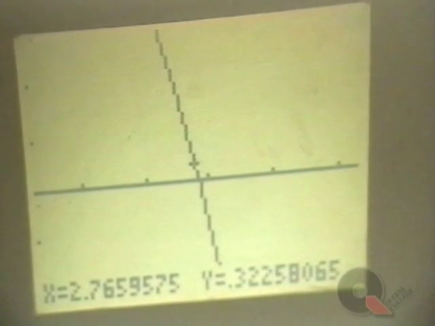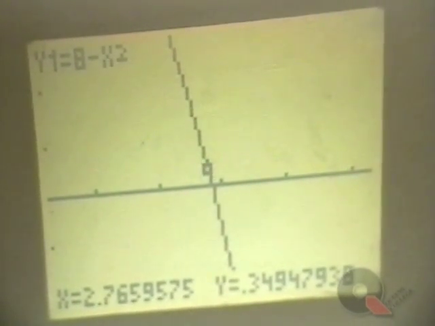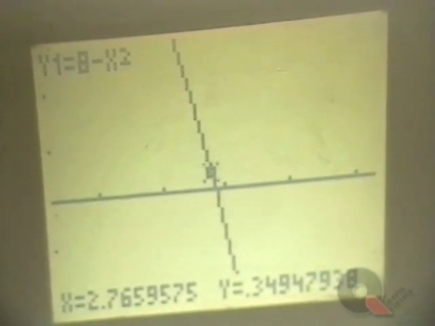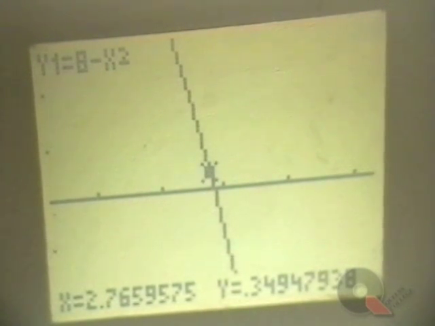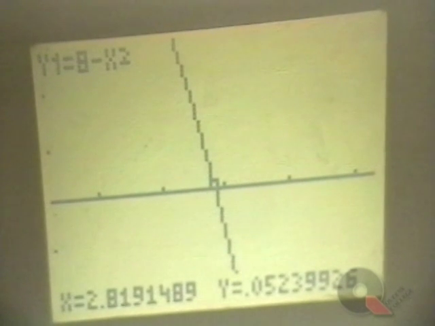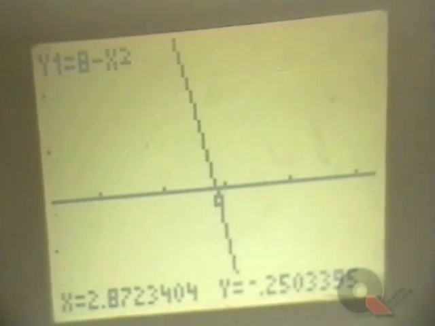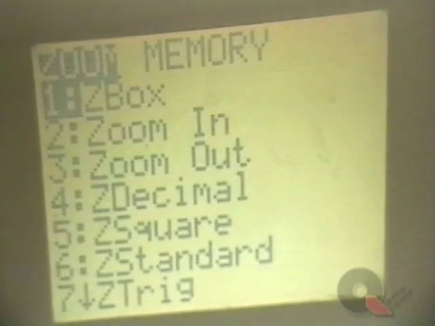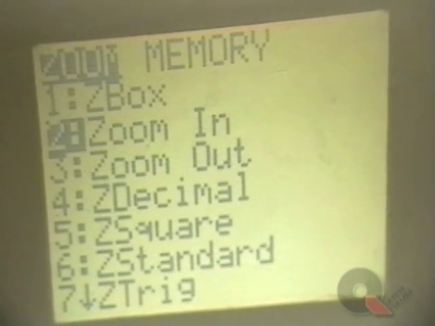Now, hit trace, and you're over here. Now let's move to the right, and we see we have 2.8, the y value is positive, 2.87, the y value is negative. Let's zoom in again. Hit zoom, scroll down to 2, or hit the number 2, hit enter for that option, and then hit enter again.